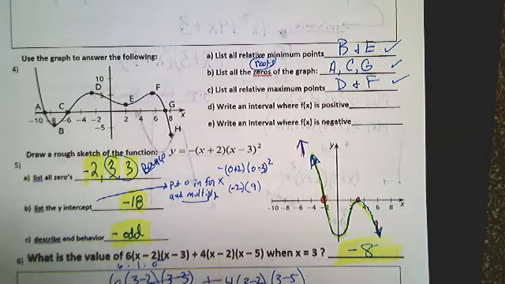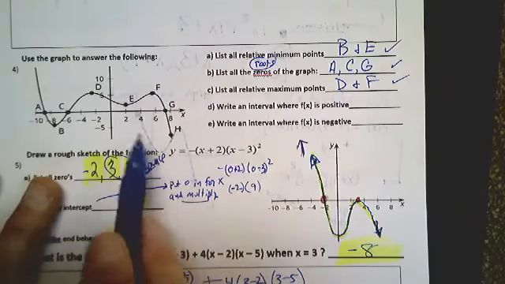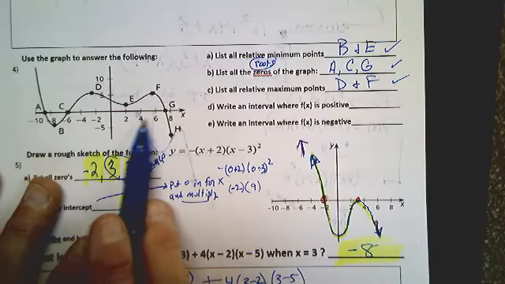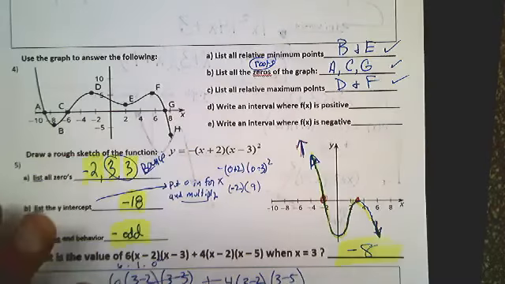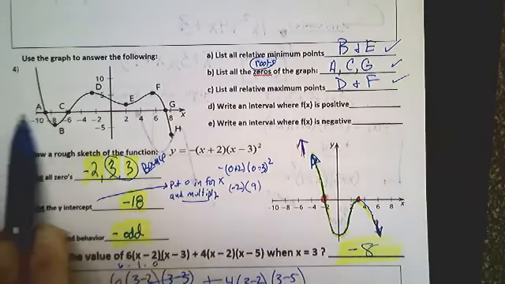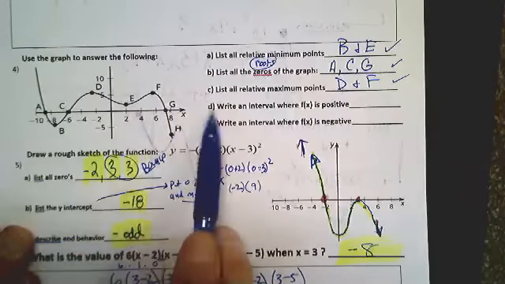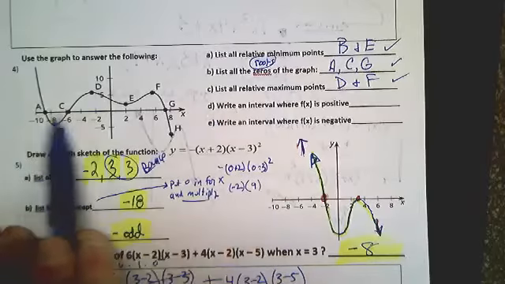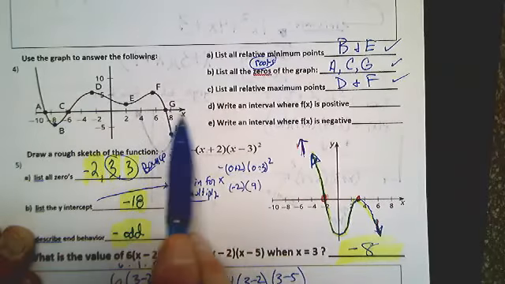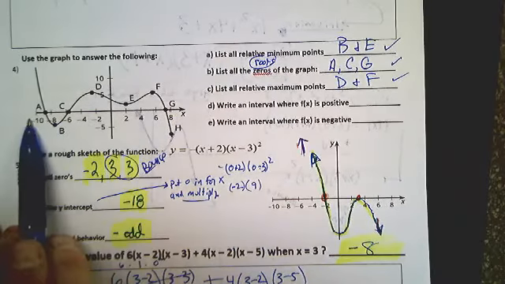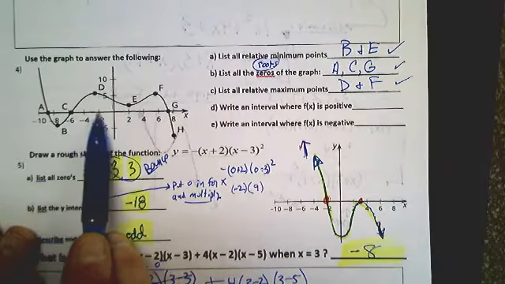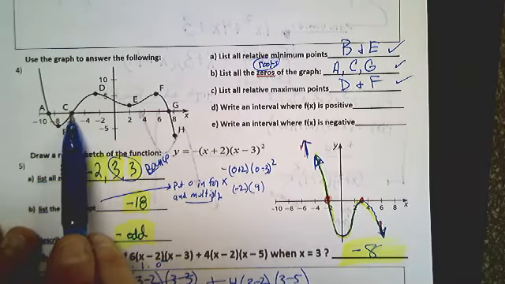No, just 2 letters, an interval. Like an interval could be from, like right here, 4 through 6. That is an interval. So I need 2 letters of an interval, typically x values on the x-axis. C and what?